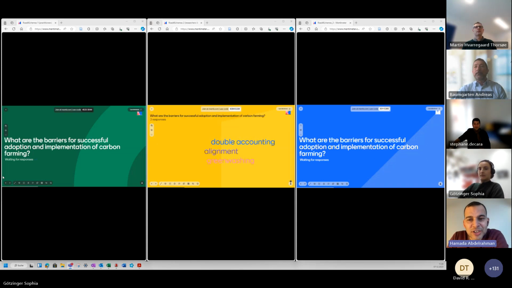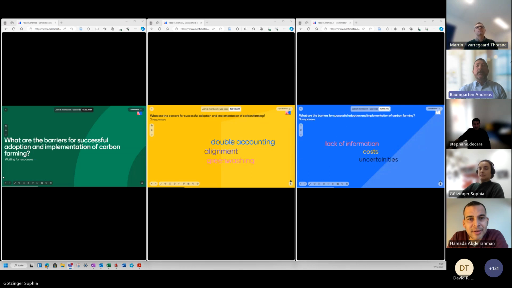Sorry for interruption. Can you share the code for the Menti? Oh, Menti. Can you share the code? You can see it on the screen. You can see it still on the screen. It's rather small, but you can read it on the screen. It's on the top of the individual screens that you have. So I don't know to which group you belong. Then I can tell it.